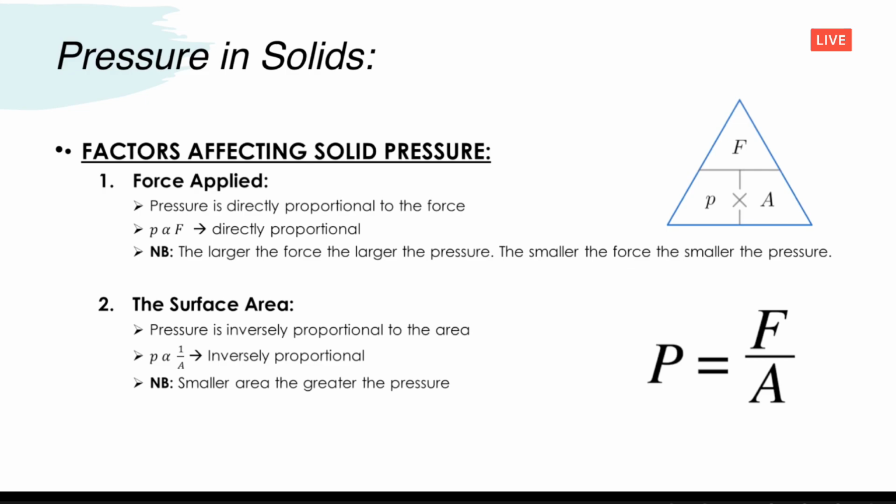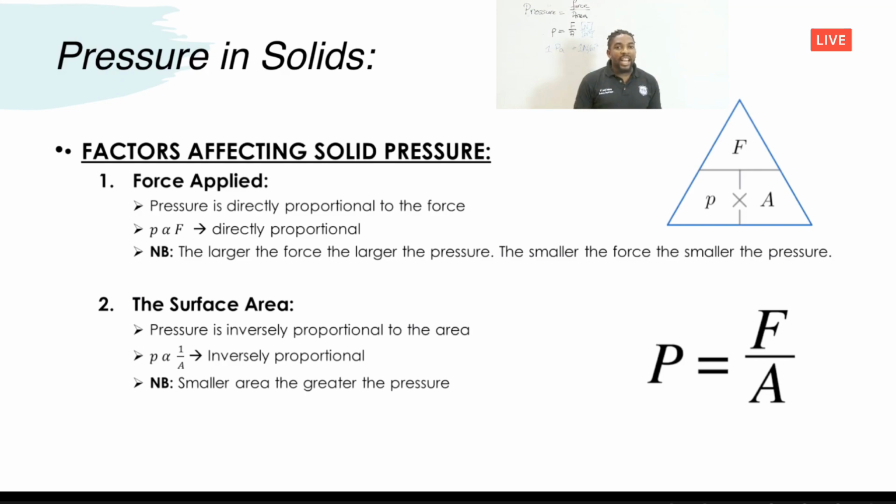Now what that means is that if we increase the amount of force that is acting on any object, it causes an increase in the pressure. Right? So as you can remember, when I use the hammer and the nail, if I pound the nail even harder, you're expected to pierce into the wood deeper, right? So it means that there will be an increase in pressure.